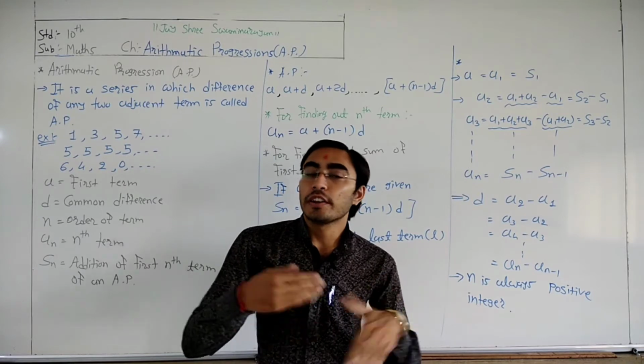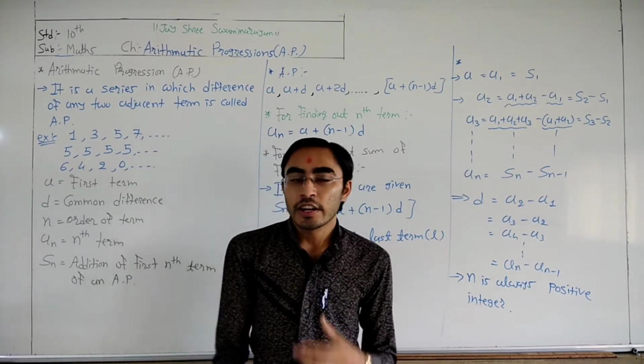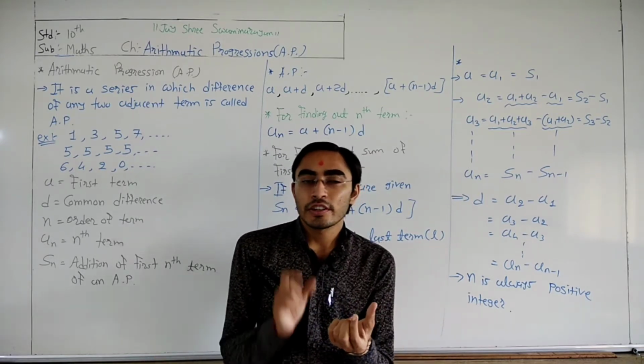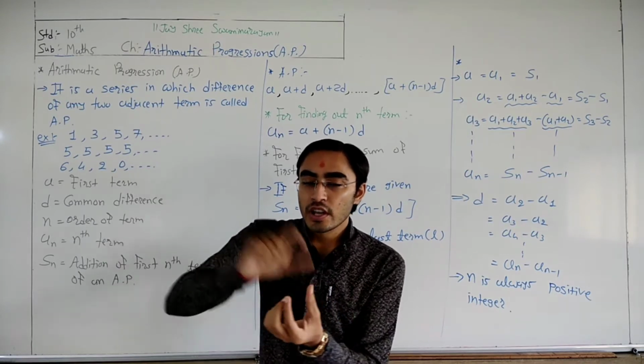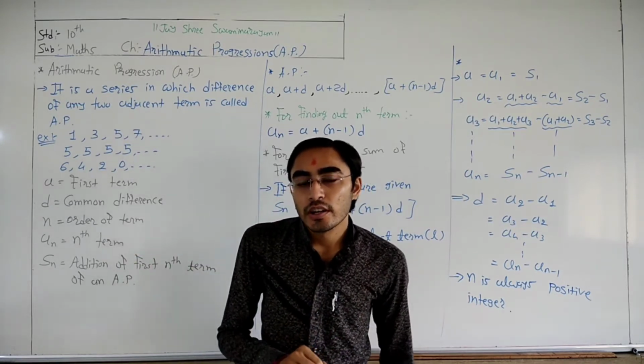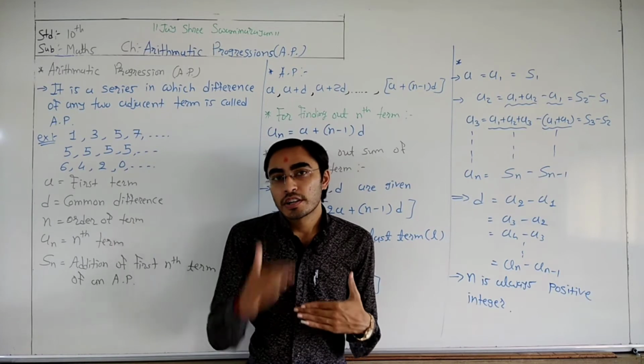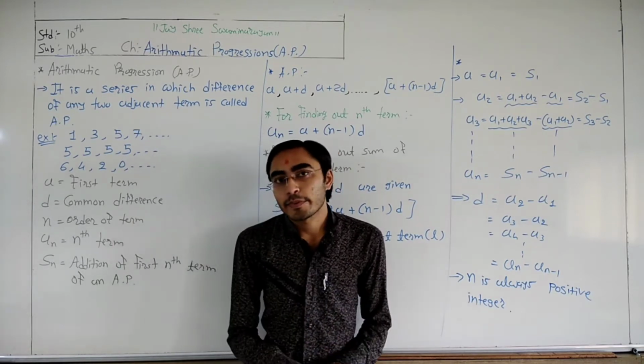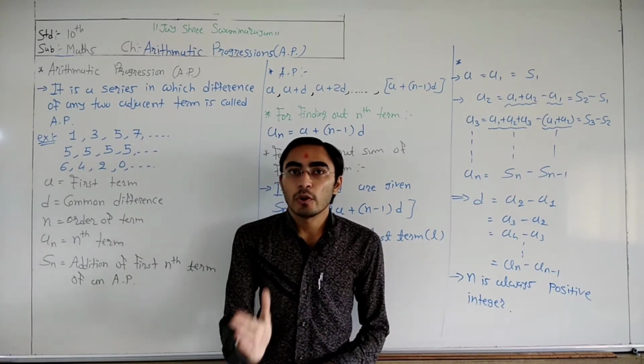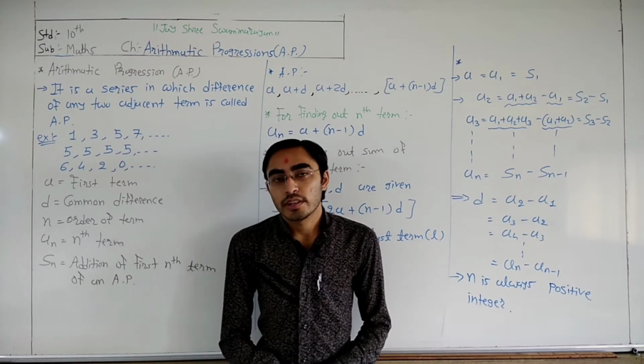So every year 10 rupees increases. In the first year 10 rupees interest, second year 20 rupees, third year 30 rupees. This is an example of arithmetic progression.